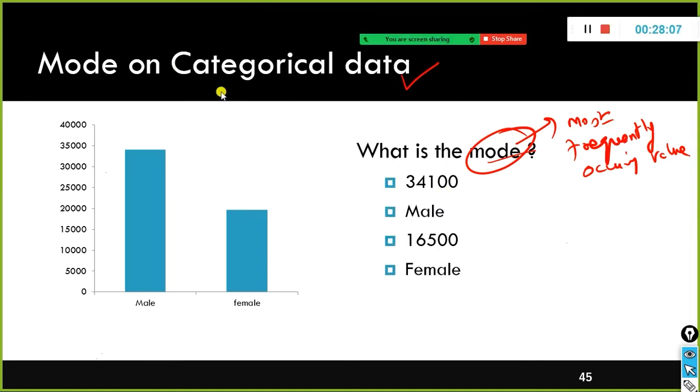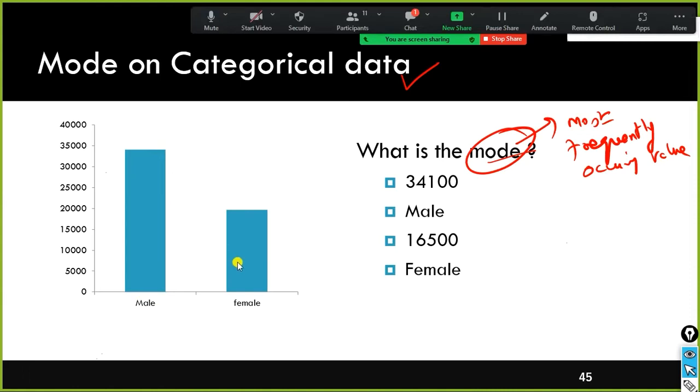What is the mode here? I mentioned categorical data. What is categorical data here? The x-axis, male, female, right? So we can see the tallest bar for male, which means more number of male customers, more number of orders we received from the male population compared to female. So in this case the mode is male. Sorry, gender is a categorical variable, right?